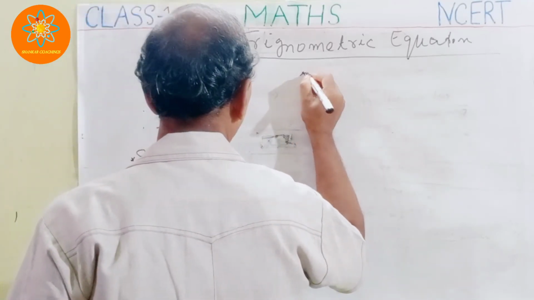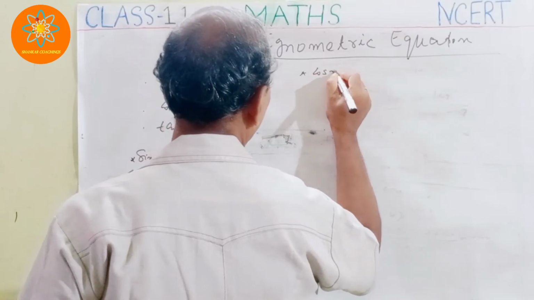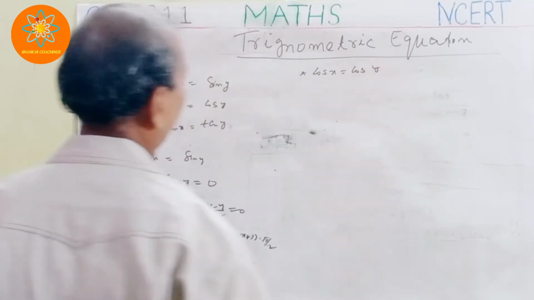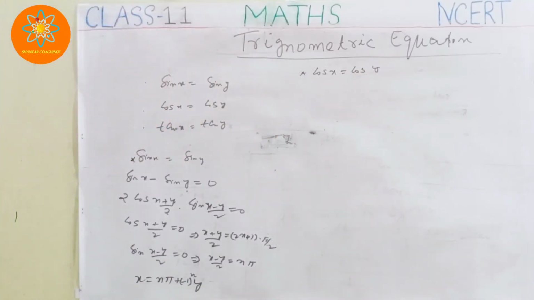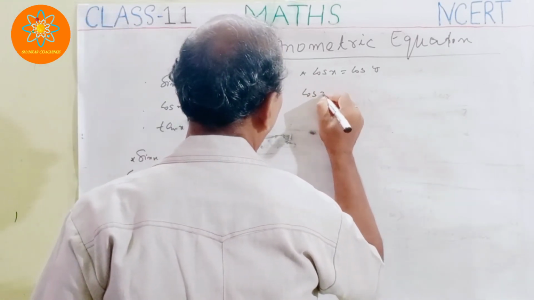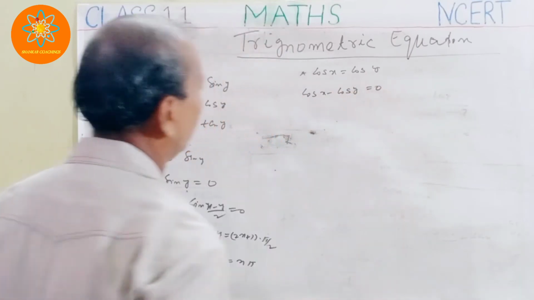Now the next one, I am taking cos of x is equal to cos of y. So this is cos x minus cos y is equal to 0.